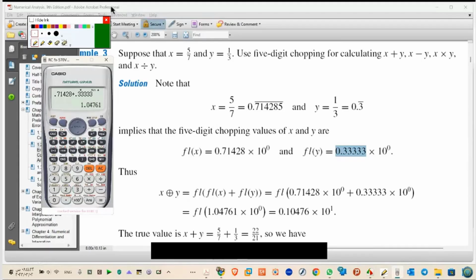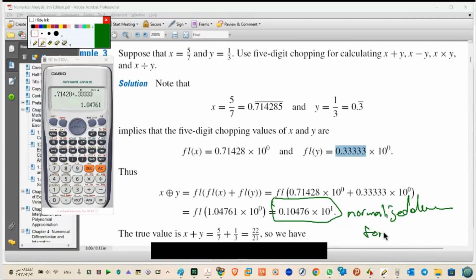In this case it is correct, but it is preferred to also write the answer in normalized decimal form. So if you want, you can convert the answer to the normalized decimal form.